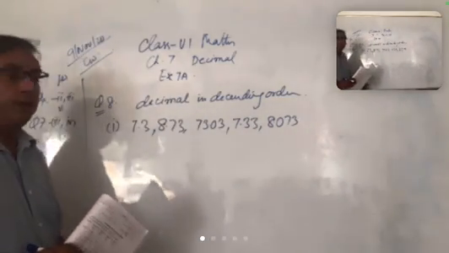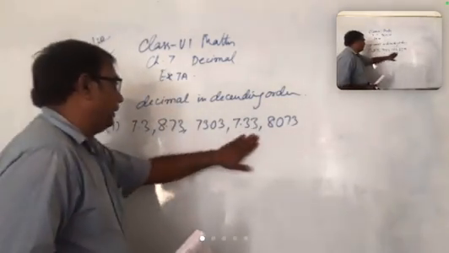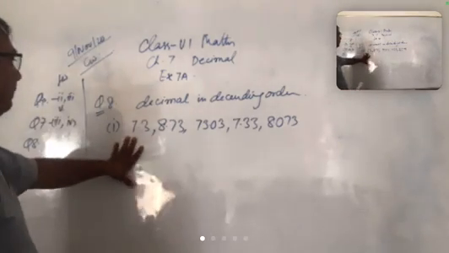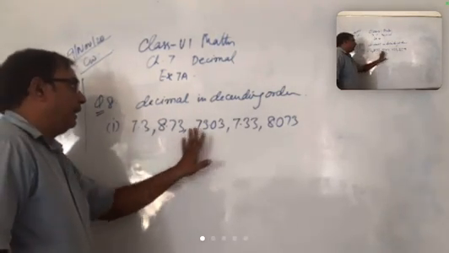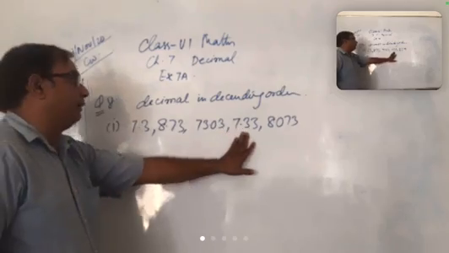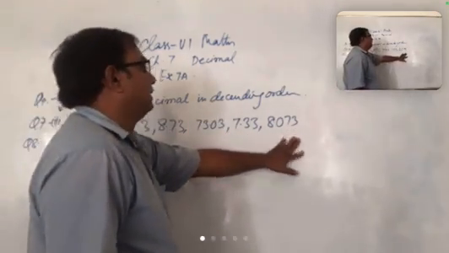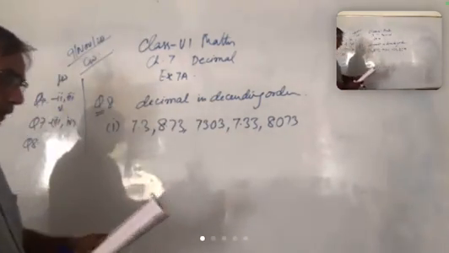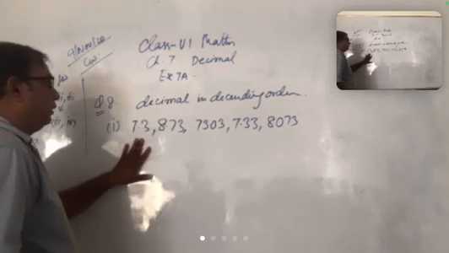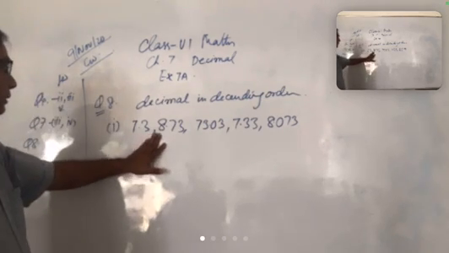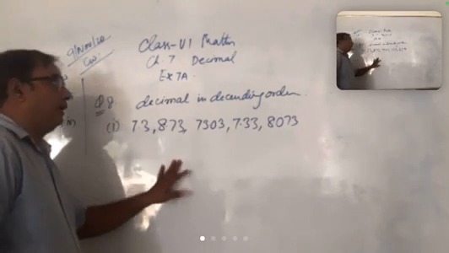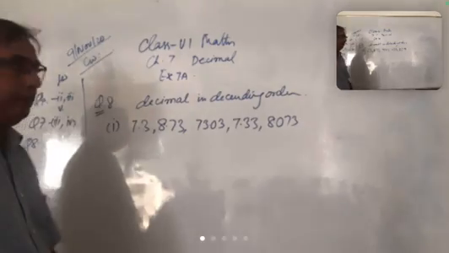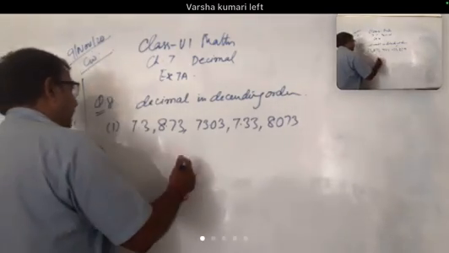Please mute your audio if audio is not required. 7.3, 8.73, 73.03, 7.33, 8.073. So now you all understand how to compare, how to check the number is small or big by making them like.